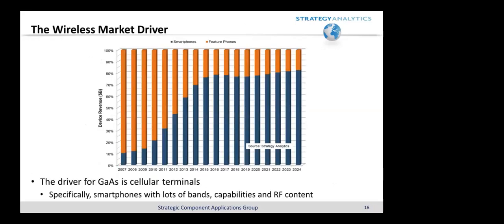Specifically, this driver has been smartphones with their increased RF content. As the chart shows, the big ramp of smartphones is really what drove the industry to rapid growth in the mid-2000s. But we can see a definite flattening of growth around 2016 and even a drop in market share through last year.